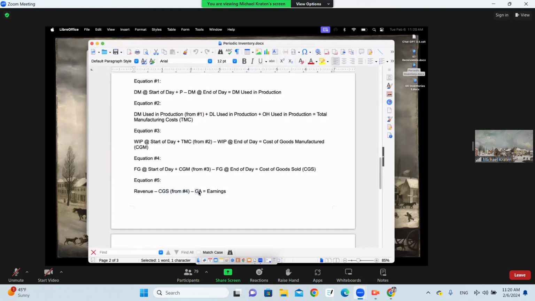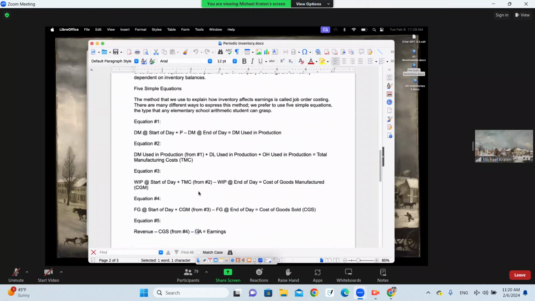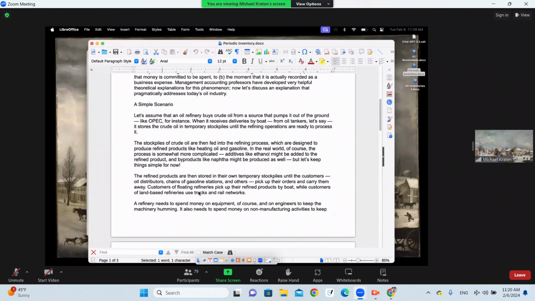Let's pay a little bit of money. And so that would be a general expense. So these are either called GA, general and administrative expenses. I've also seen them called SGA, sales or selling, general and administrative expenses.